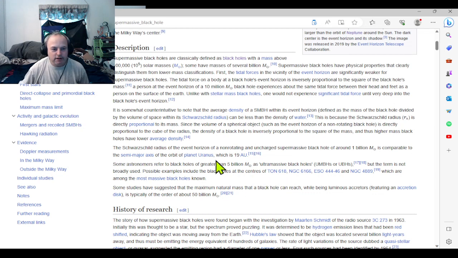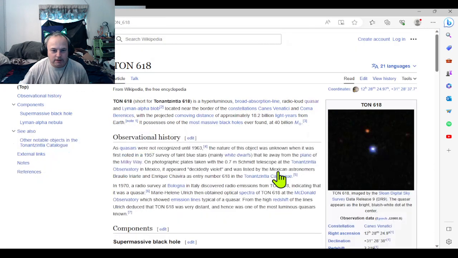So here's some astronomers refer to black holes as greater than 5 billion masses, but not broadly termed, include black holes. So here's one. This one calls it a broad absorption line quasar located some 18.2 billion light years from Earth.